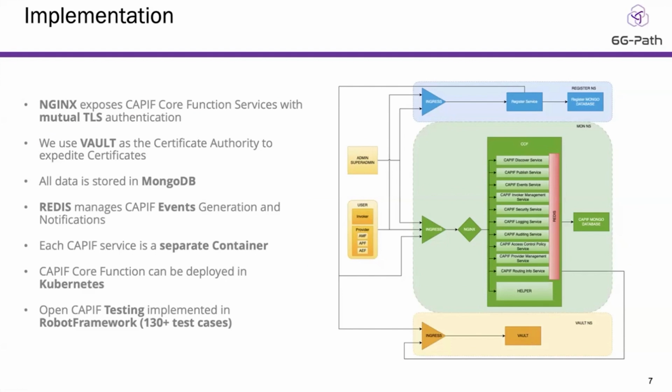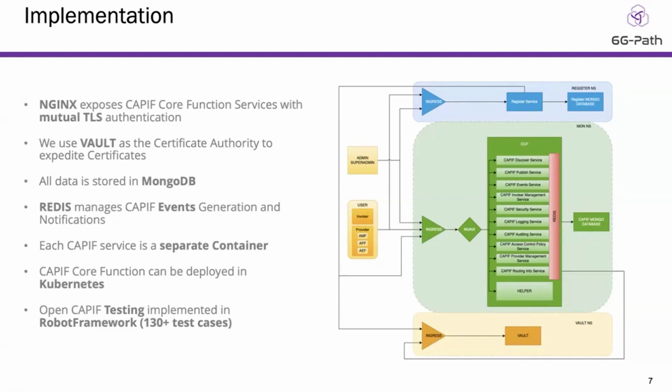This is a main functionality required to implement the CAPIF core function. For the database, we use MongoDB. We have two different MongoDBs, one for the register service to control the users, and another one to store all the information of the API providers and the invokers.